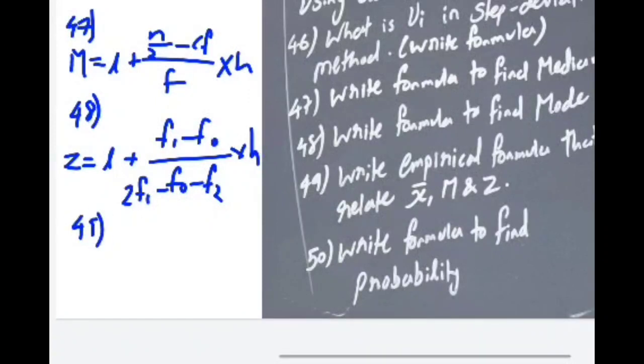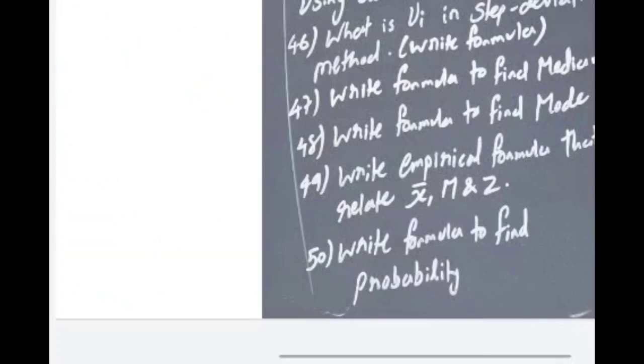Okay, then 49th, write empirical formula that can relate x bar, m and z. So z equal to 3m minus 2x bar. This is empirical formula. Okay, then 50th, write formula to find the probability.